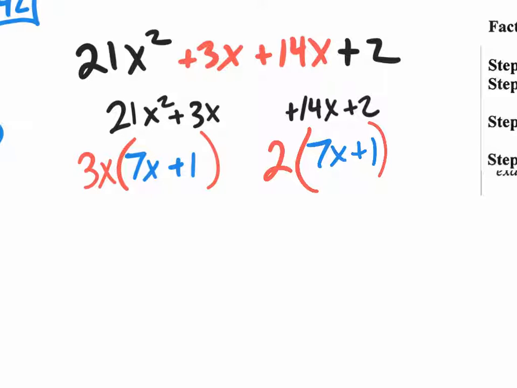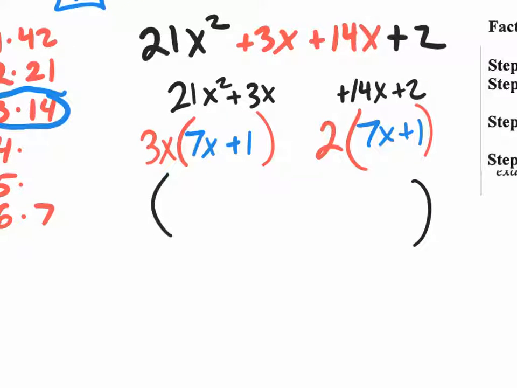So step 3, I'm factoring by grouping. The final step is to do your exaggerated parentheses and pull out that common binomial. Common binomial on the right here. That common binomial is 7x plus 1. Once again, I took the 7x plus 1 here and here, and I pulled it out. So what's left over? The 3x is left over, and the 2 is left over.